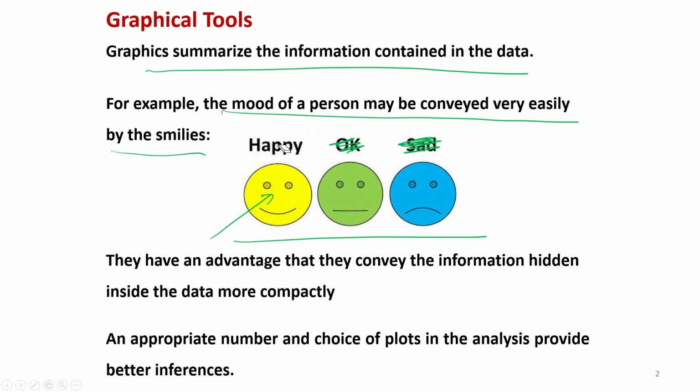Similarly, the second picture indicates that the person is so-so, okay, and the third picture indicates that the person is sad. The structure of the face, that is the circle, and the structure of the eyes is the same in all 3 pictures. It is only the mouth which is changing. But just by changing a small feature in the face, you can convey lots of information.